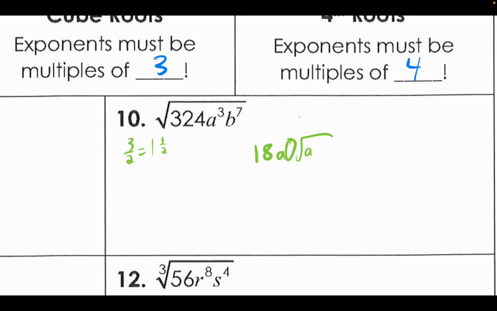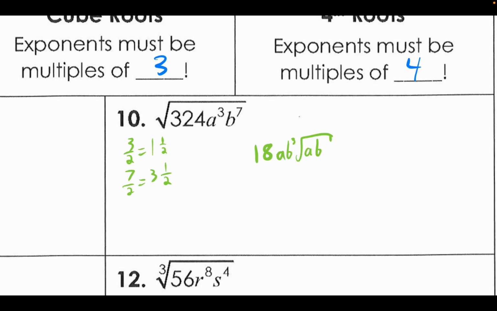Now I'm leaving a space here because I know I'll have b. For b, we do 7 divided by 2, exponent divided by index, and 2 goes into 7 3 times. So we have b to the third outside the radical. And there's a remainder of 1, and so this 1 goes back in the radical.